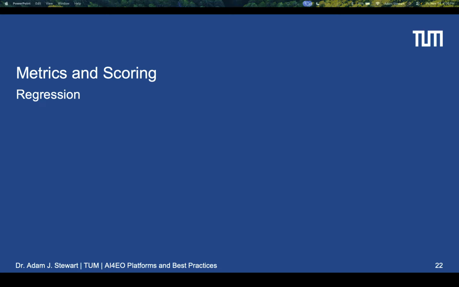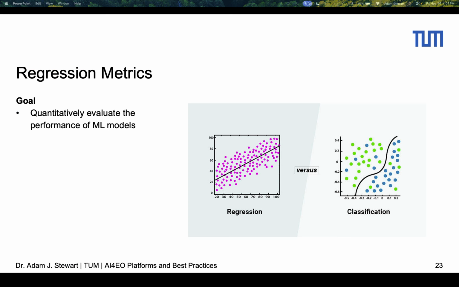I can train my model and I can make predictions, but how do I actually compare those predictions to the correct answer? How do I compare my predictions to the correct answer in a mathematical way that tells me how likely the model is to work? It turns out there's many different ways to do this, and it depends on what kind of problem you're trying to solve.